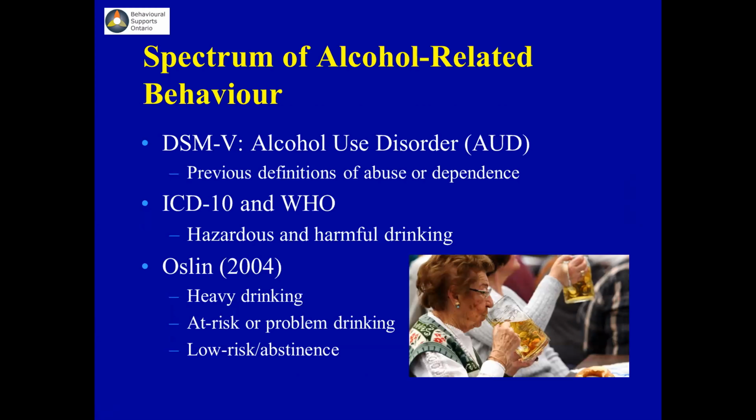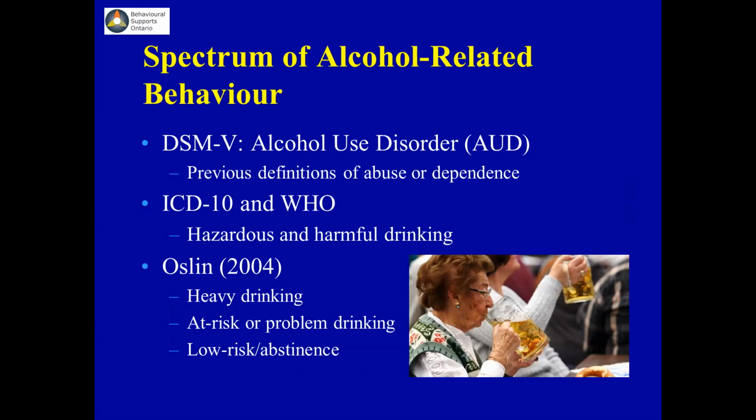ICD-10 and the World Health Organization have acknowledged that there's something in between, where individuals are drinking and may not meet criteria for an alcohol use disorder, but they're still experiencing negative consequences. So they coined the terms hazardous and harmful drinking. Harmful drinking, closer to what an alcohol use disorder looks like, is sometimes also called problem drinking.